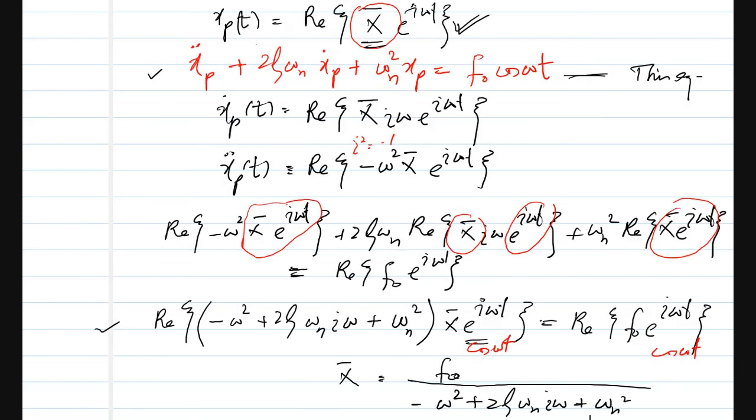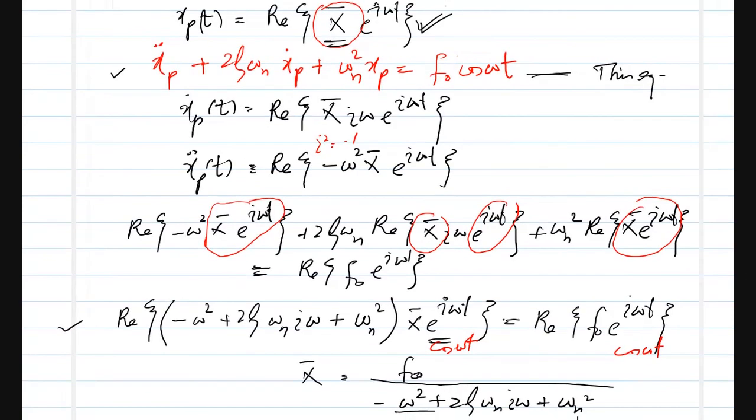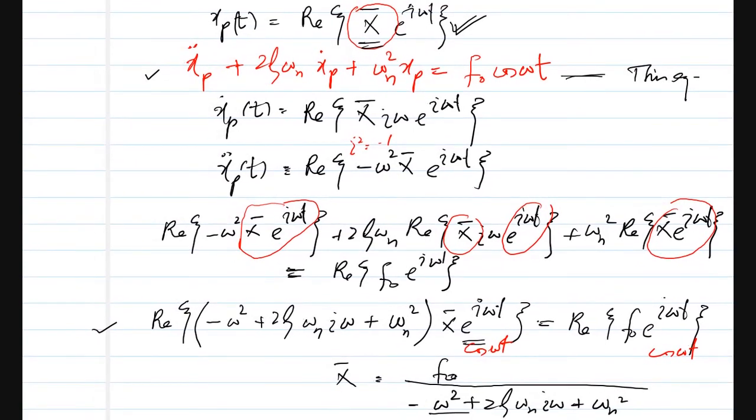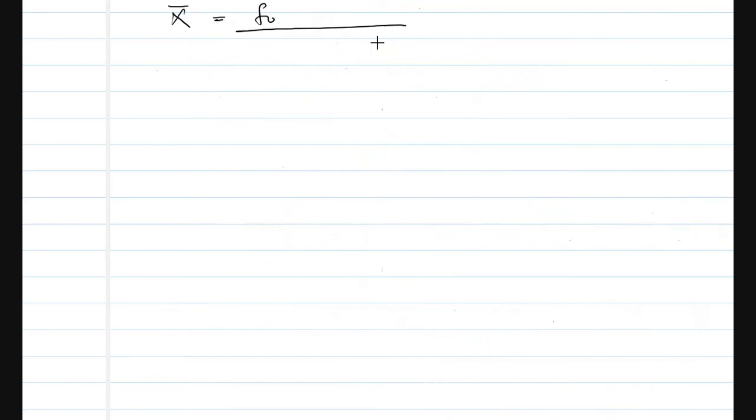Now rewriting again, x bar is nothing but f naught over, if I take the real and imaginary parts separately, omega n square and omega square are both real parts, and 2 zeta omega n iota omega is the imaginary part. So omega n square minus omega square, this is the real part, plus iota 2 zeta omega omega n, this is the imaginary part.